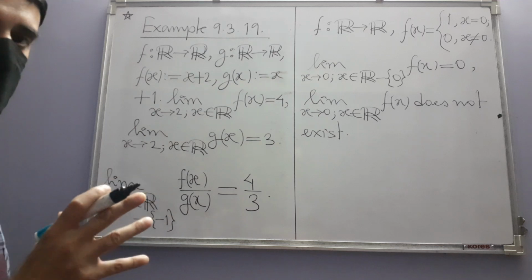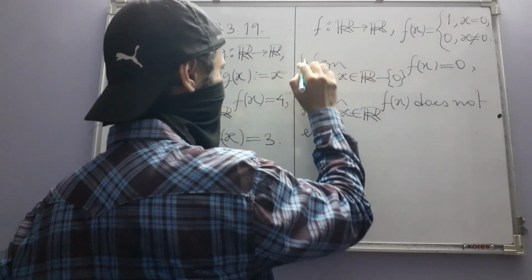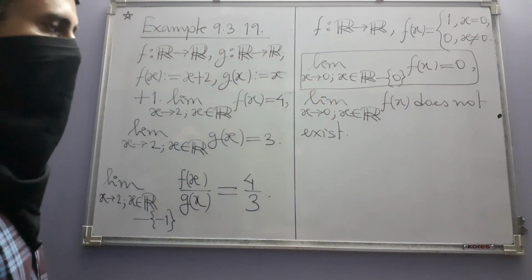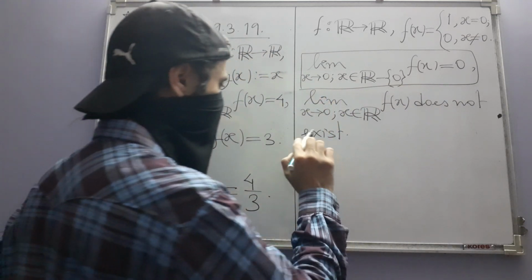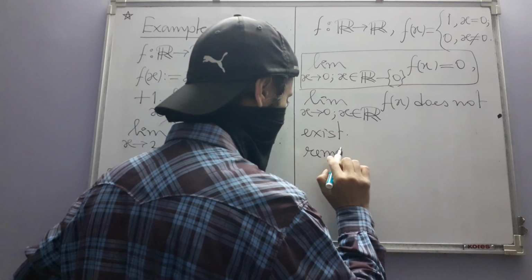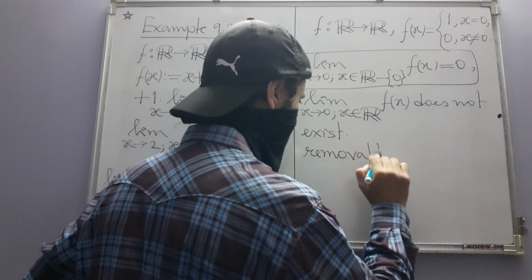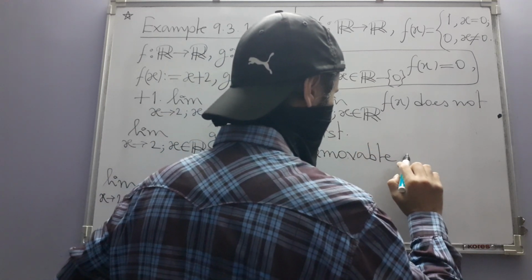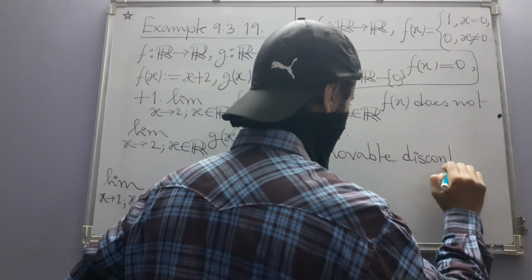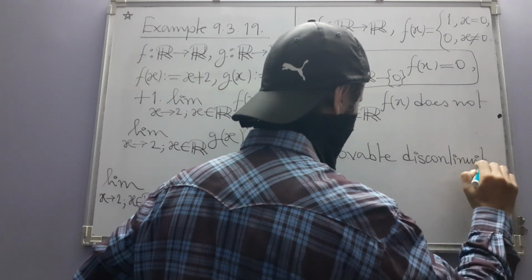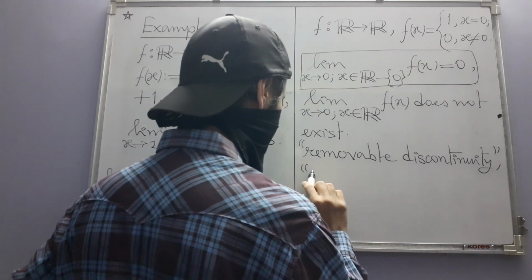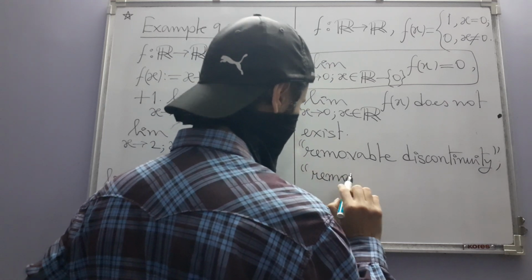Now a function for which this limit exists is said to have a removable discontinuity or a removable singularity at that point.